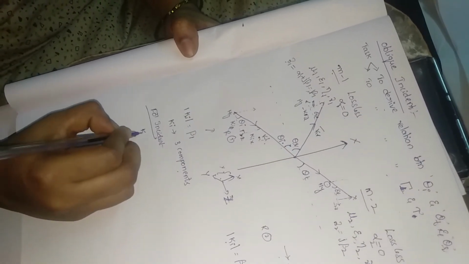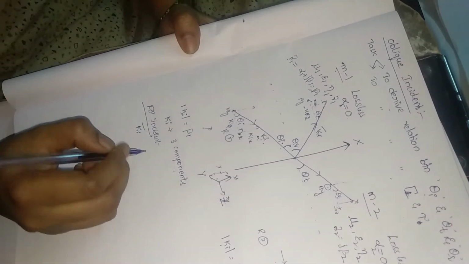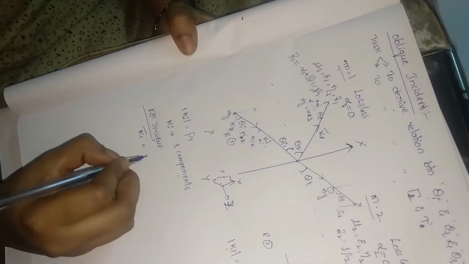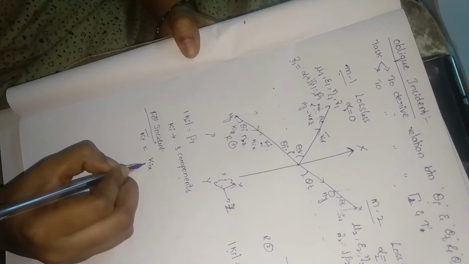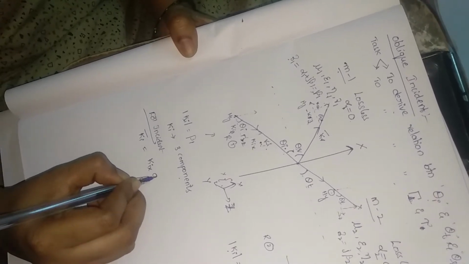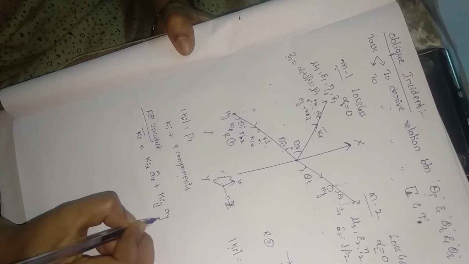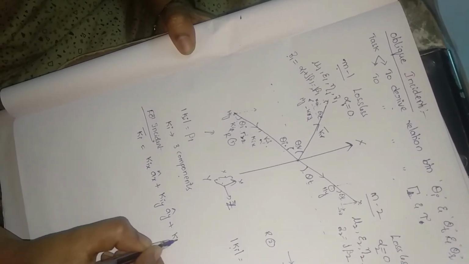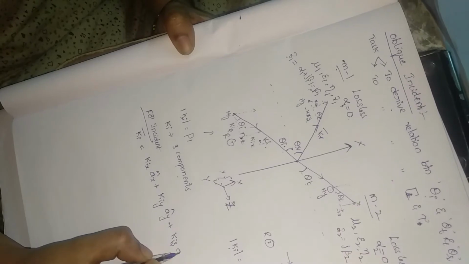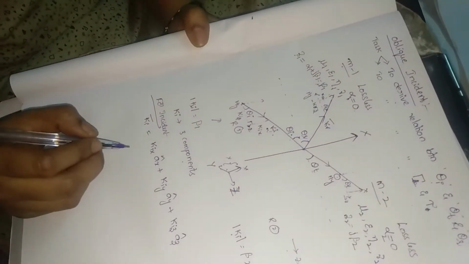So this ki bar is the propagation vector. The wave is propagating along the x-axis: kix ax cap plus kiy ay cap plus kiz az cap.